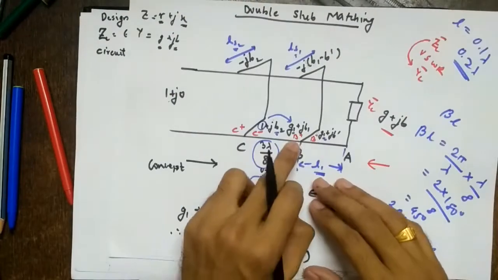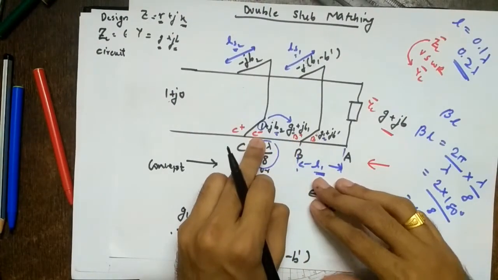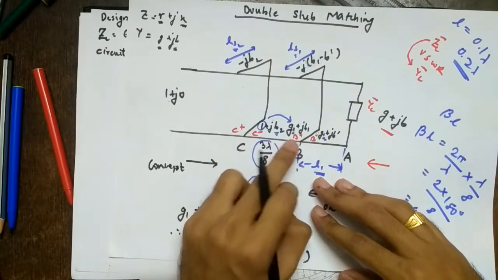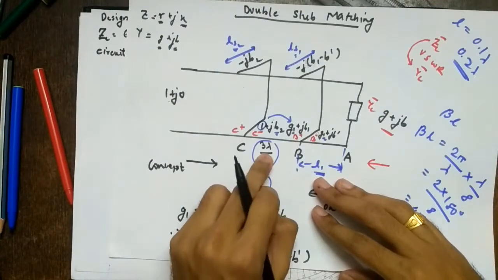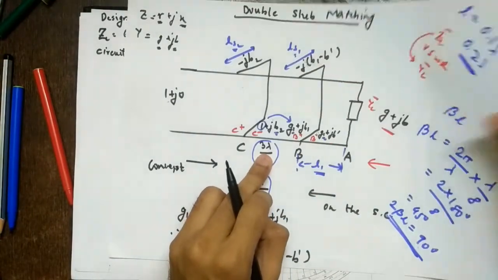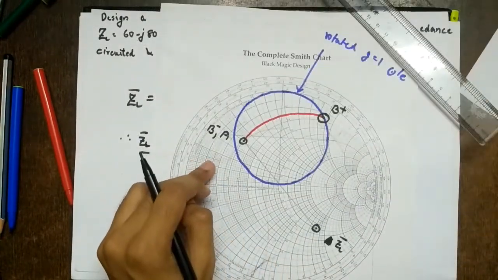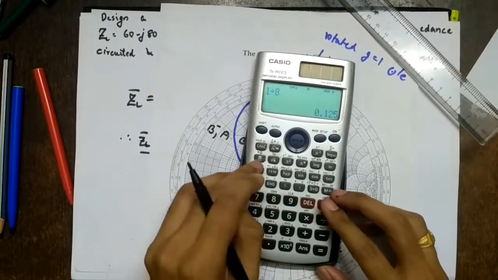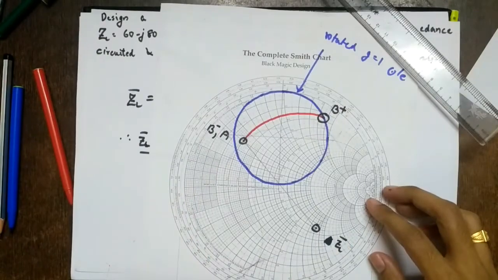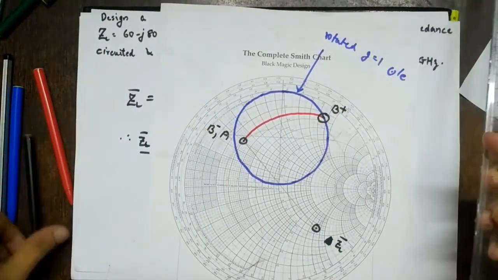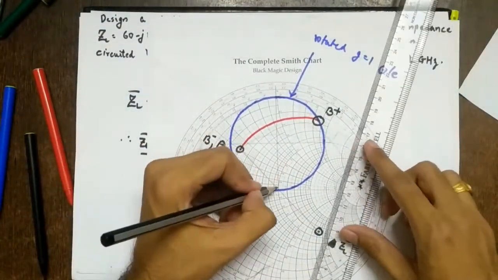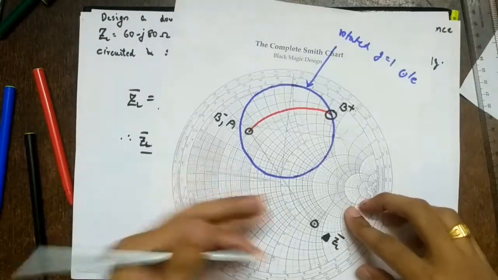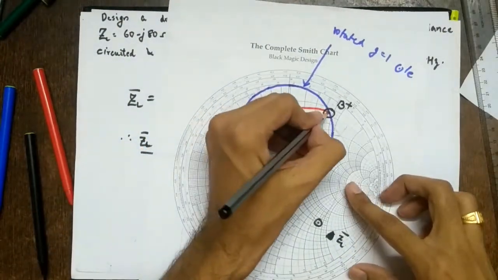Next, from B plus we have to go to C minus. How much distance do we have to go? Lambda by 8 or 3 lambda by 8. In this case, lambda by 8 because it is given in the question. Right? So lambda by 8 is how much? 1 by 8 is 0.125. So go a distance 0.125 from this point.